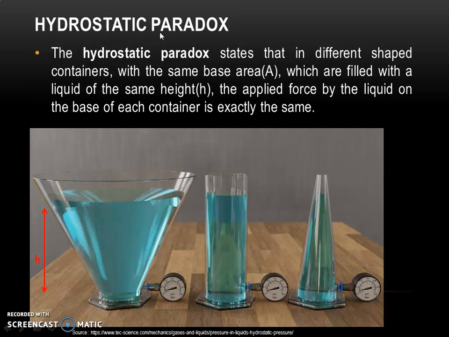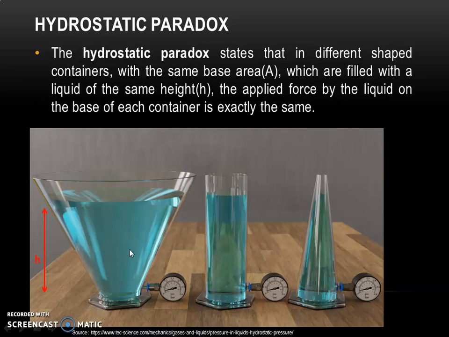Next we will find out what is hydrostatic paradox. Hydrostatic paradox states that in different shaped containers with the same base area A which are filled with a liquid of the same height h, the force applied by the liquid on the base of each container is exactly the same. Here we can see three containers with different shapes at the bottom. Area is the same for all three containers, which is A, and they are filled with liquid of height h.